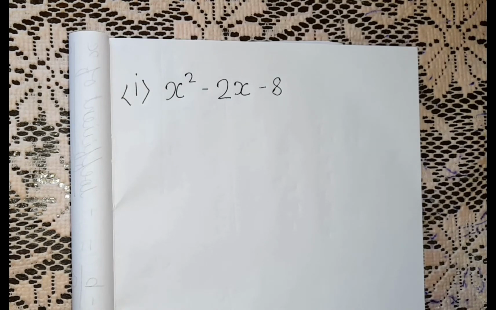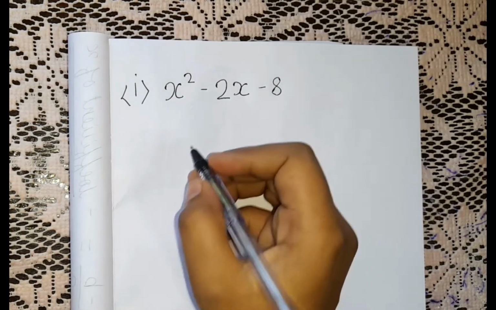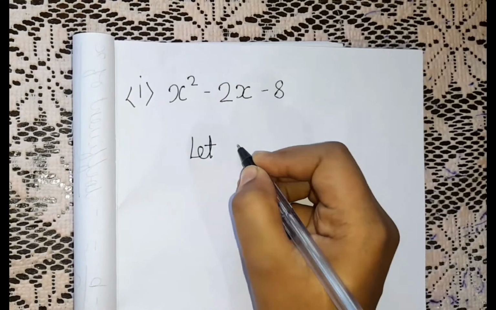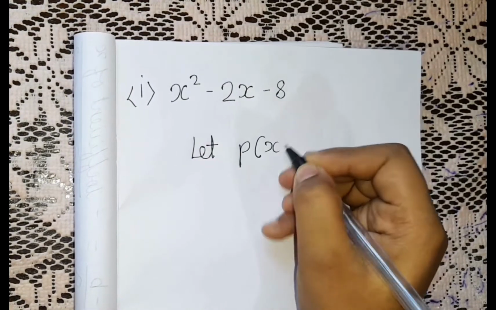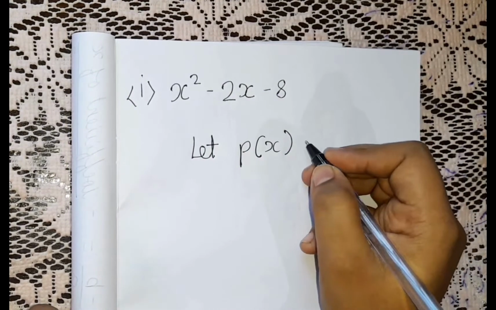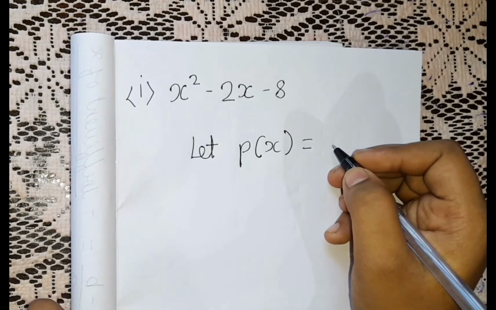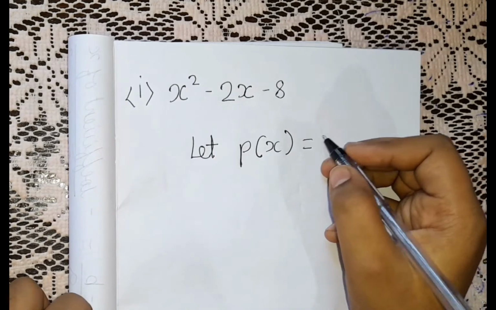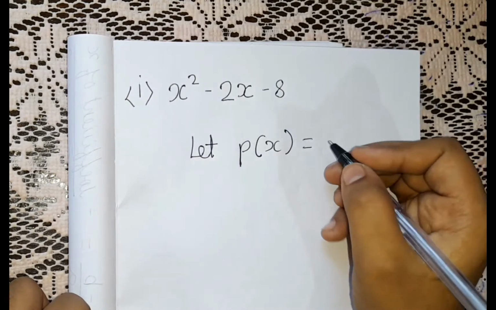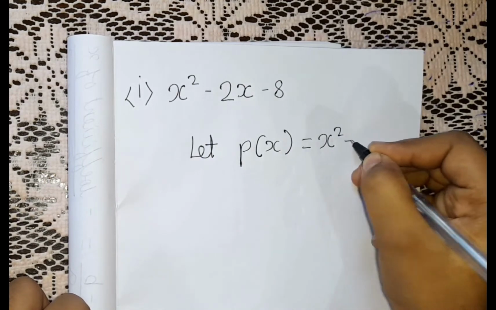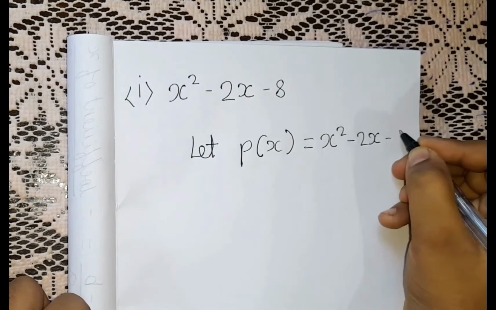Here p of x means it is represented as a polynomial, so we write the question, that is x square minus 2x minus 8.